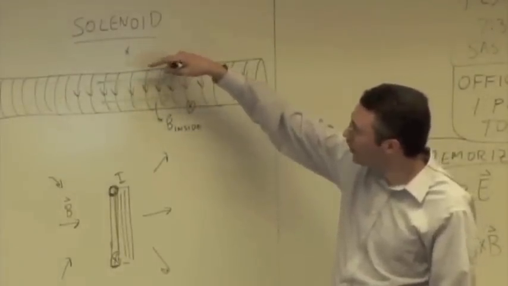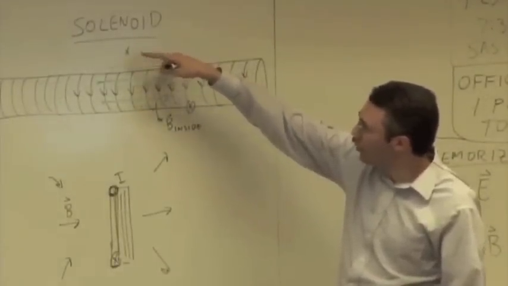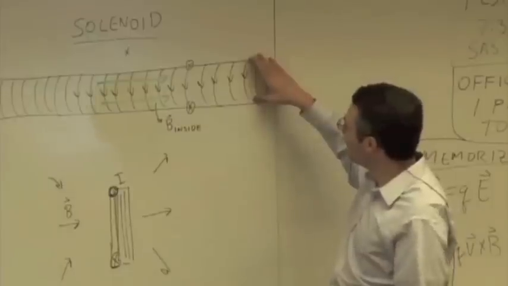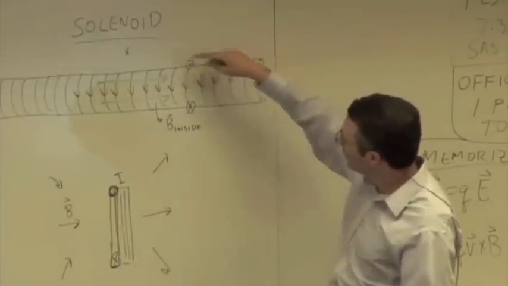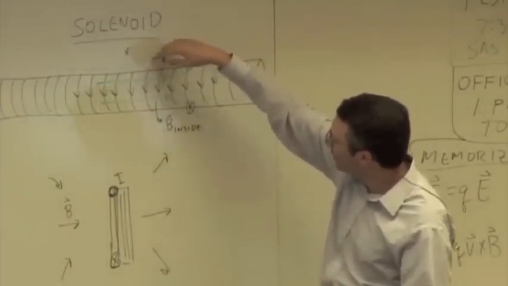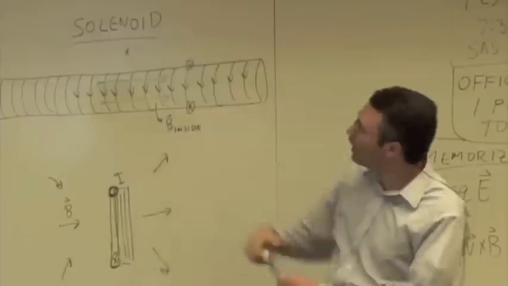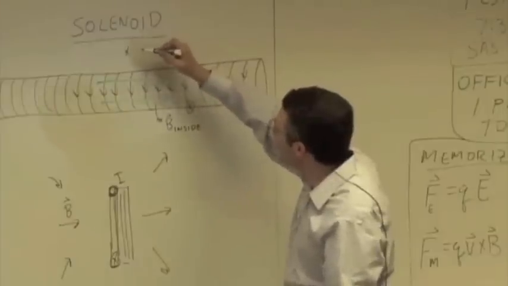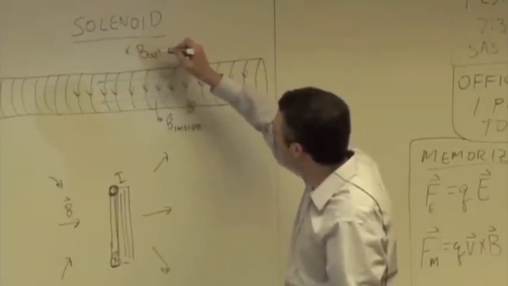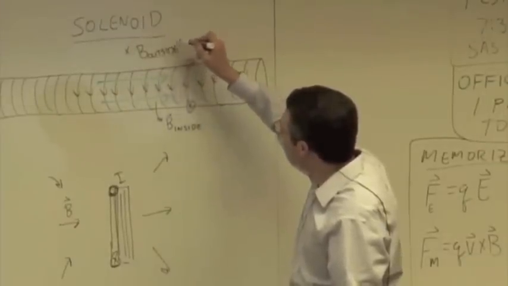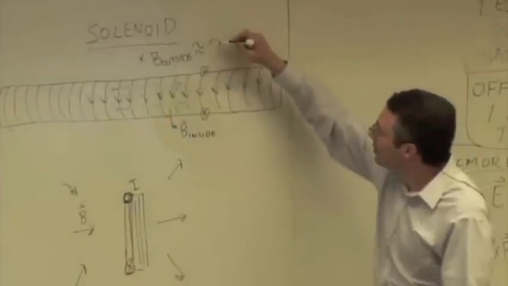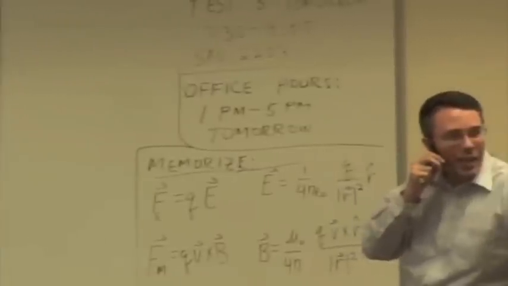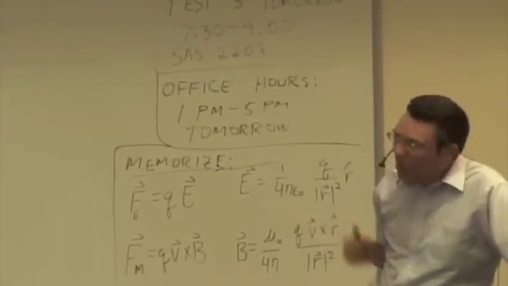You have to take into account the magnetic field made by each individual loop, but a loop over here is going to produce a field pointing that way, and a loop over here makes a field pointing in the opposite direction. And the more loops you have, the greater cancellation you get. And outside, B outside is equal to 0, or approximately equal to 0.